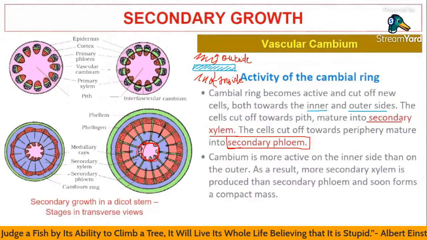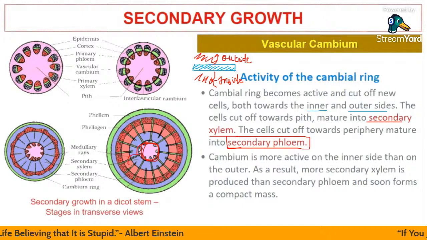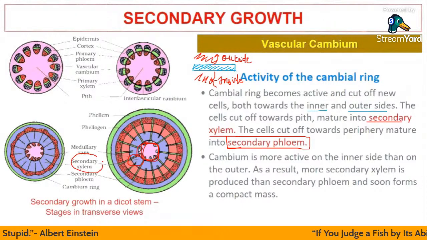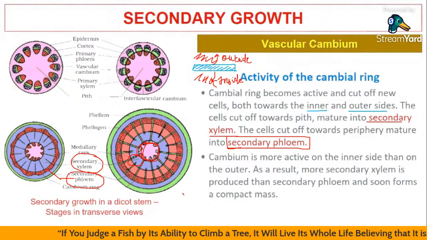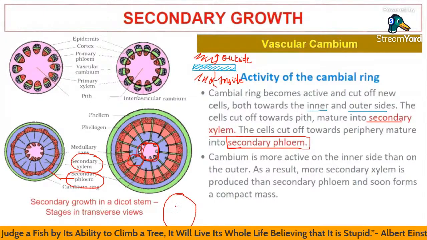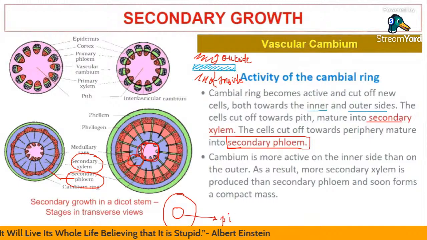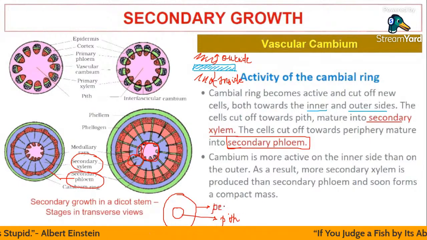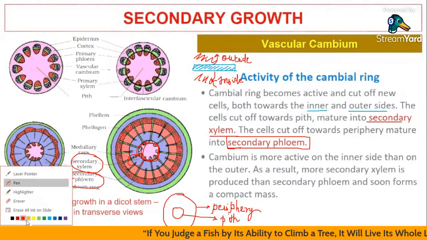Very, very important. Clear? In secondary growth, secondary xylem will develop towards the pith, and secondary phloem will be away from the pith, or towards the periphery. Suppose we call number one the pith and the second one the periphery.